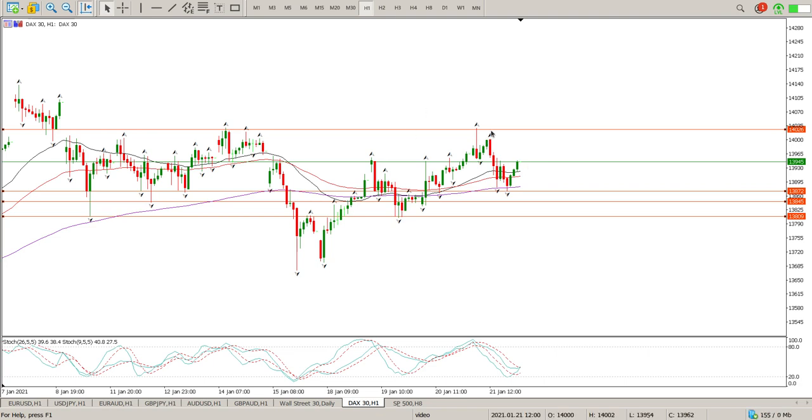But 1400 is a line in the sand. We need to get above it. Get above 1400, we've got longs. Get below 1388.33, we need to start looking for shorts. That's the play that I have at the moment. It is range bound, so not something that I'm going to be looking at today, unless something dramatic happens. But I don't think there's anything on the cards right now.